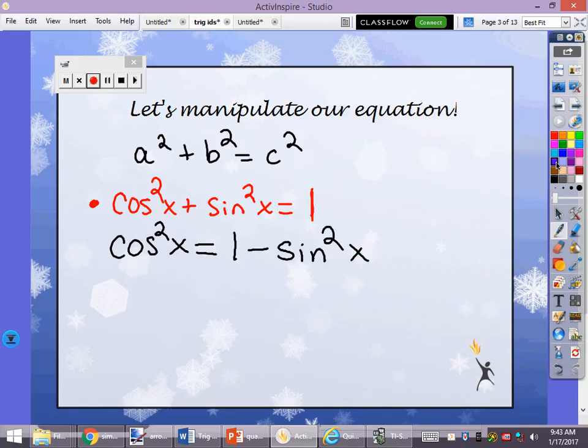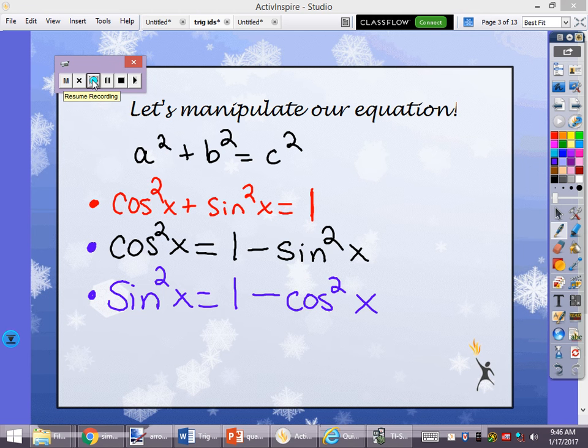If I want sine squared by itself, 1 minus cosine squared x. And these should be familiar. You should have done this last year in Algebra 2. Okay? So those are the first 3 of 9.